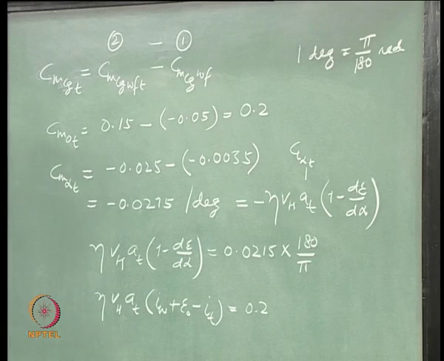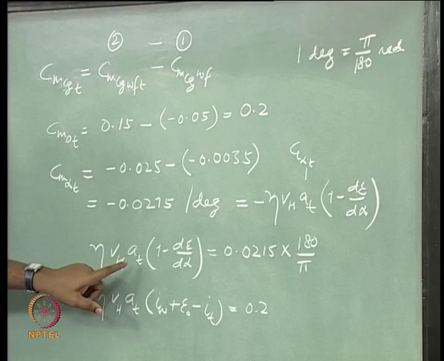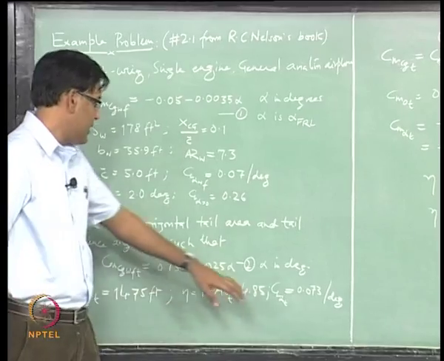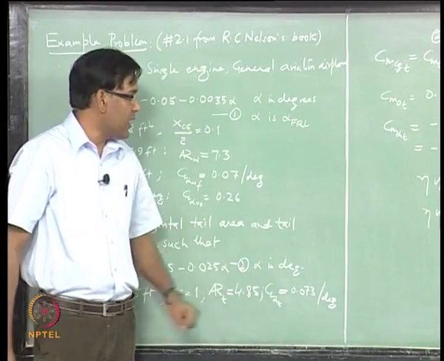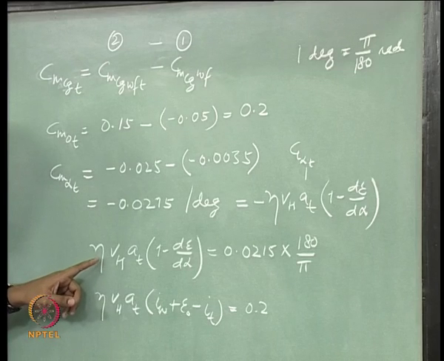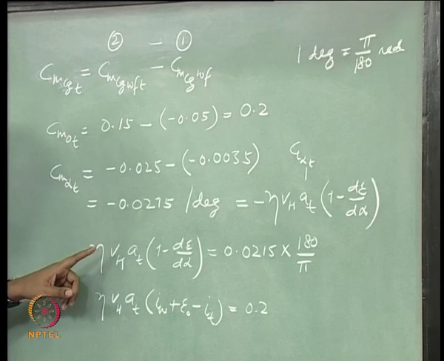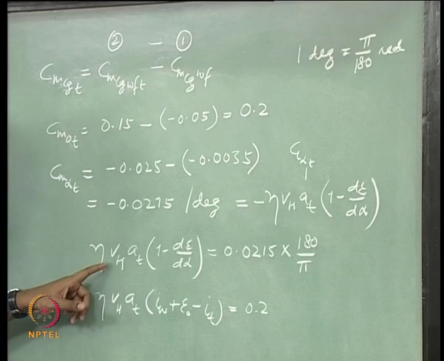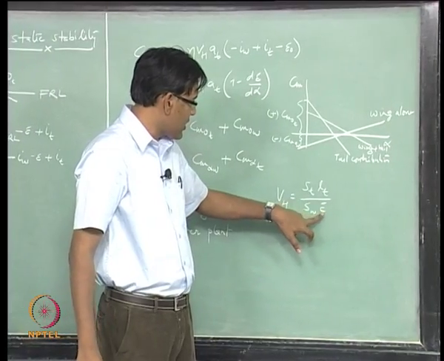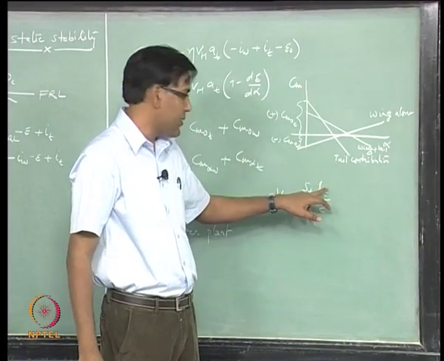So, what all do you know? You know this, right? Lift curve slope of the tail is given here, right? You know LT inside this, right? Let's look at what all you know. So, you know this quantity LT, right?